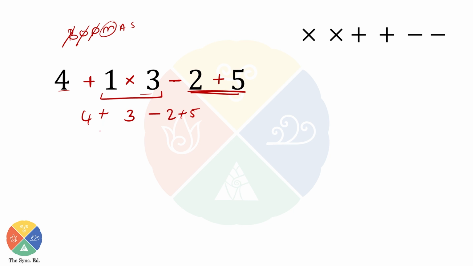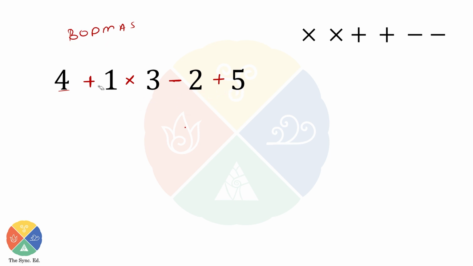Now, oh, no, that's not going to be the answer. 4 plus 3 minus 2 plus 5 is going to be 10. That's not the answer. What did I do wrong? My God.